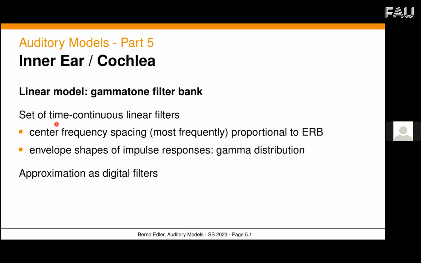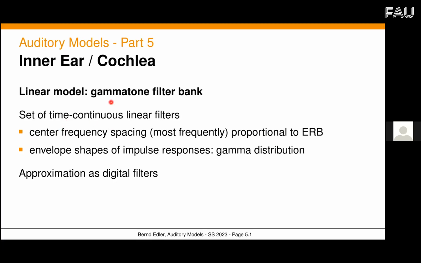Because they are bandpass filters, you can first select the frequency spacing. With gamma tone filters, this is most frequently selected to be proportional to the ERB number scale, the scale where ERBs are equally wide. Then the bandwidth of the filters should be selected as the ERB at those center frequencies.